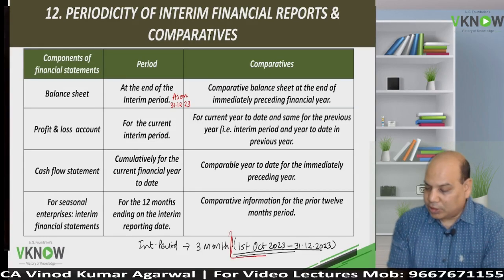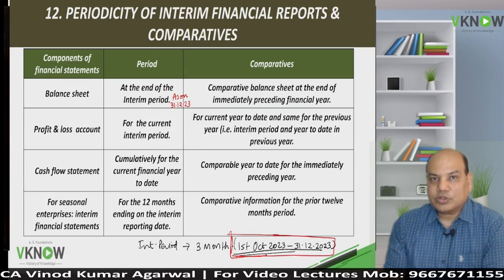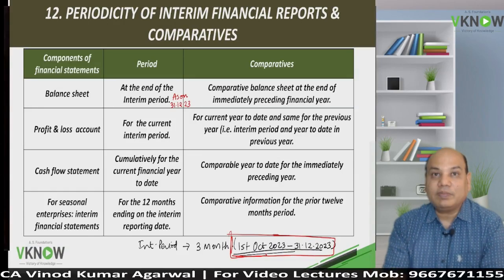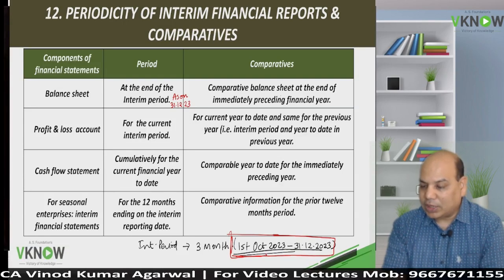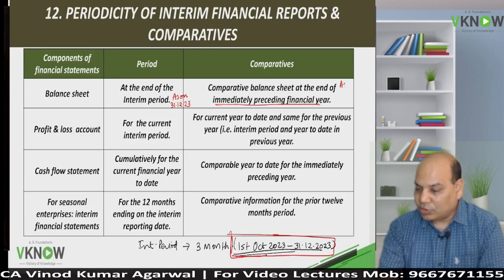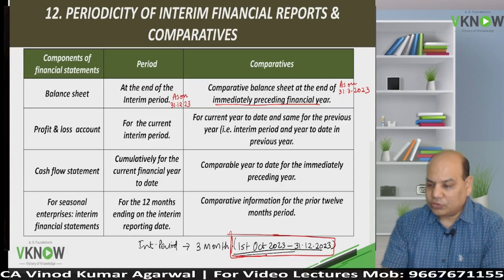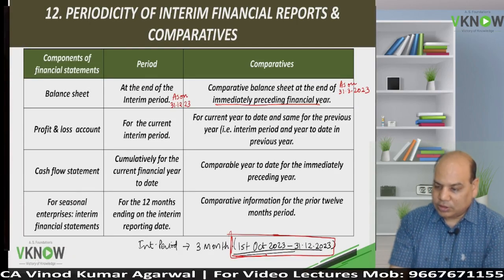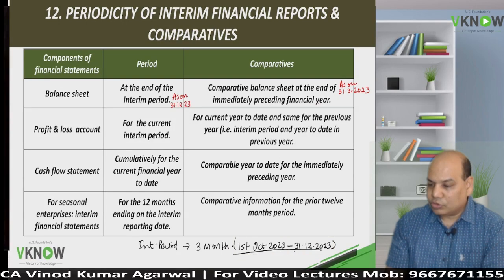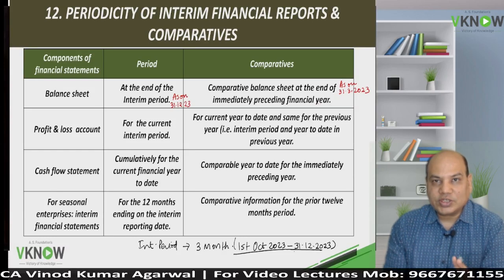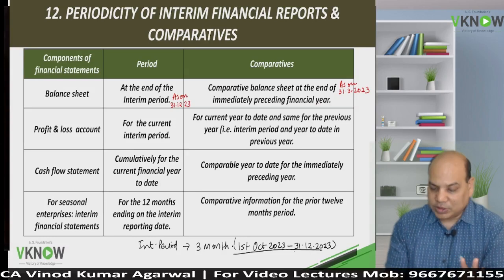If my interim period is 1st October 23 to 31st December 23, and I will prepare a comparative balance sheet. Comparative balance sheet at the end of the immediately preceding financial year. That means as on 31st March 23. As on 31st March 23. Is it right? So these are my two balance sheet to be prepared if you are a non-seasonal company, if you are a non-seasonal business.